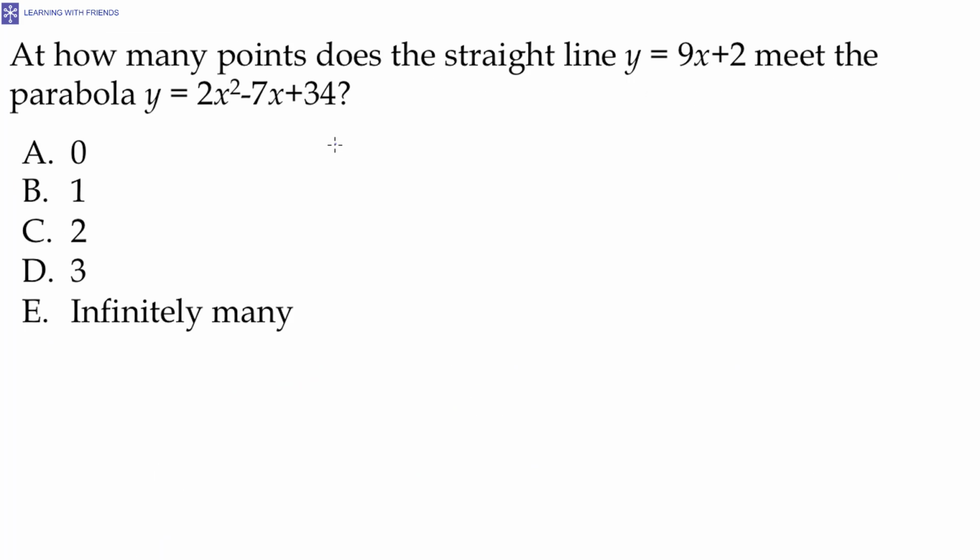So let's look at the next question. It says, at how many points does the straight line y is equal to 9x plus 2 meet the parabola y equal to 2x squared minus 7x plus 34?